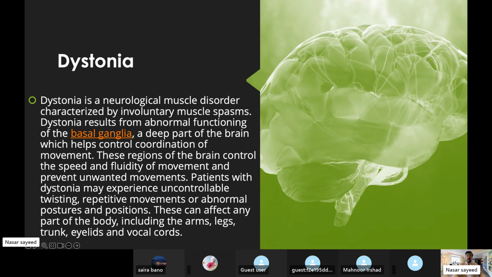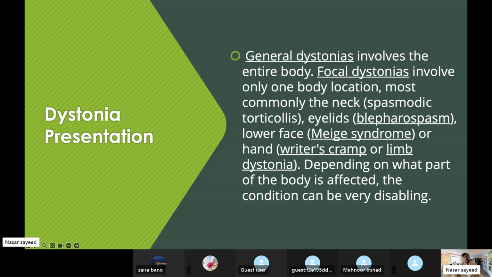Now, dystonia has multiple presentations. It could be focal dystonia, or it could be generalized dystonia. Focal dystonia is usually specifically related to some organs, like blepharospasm.